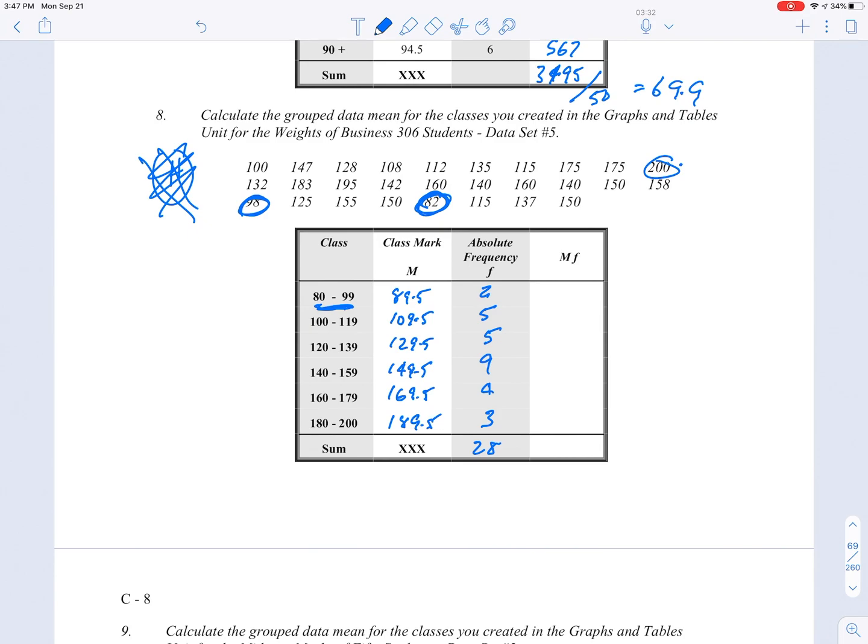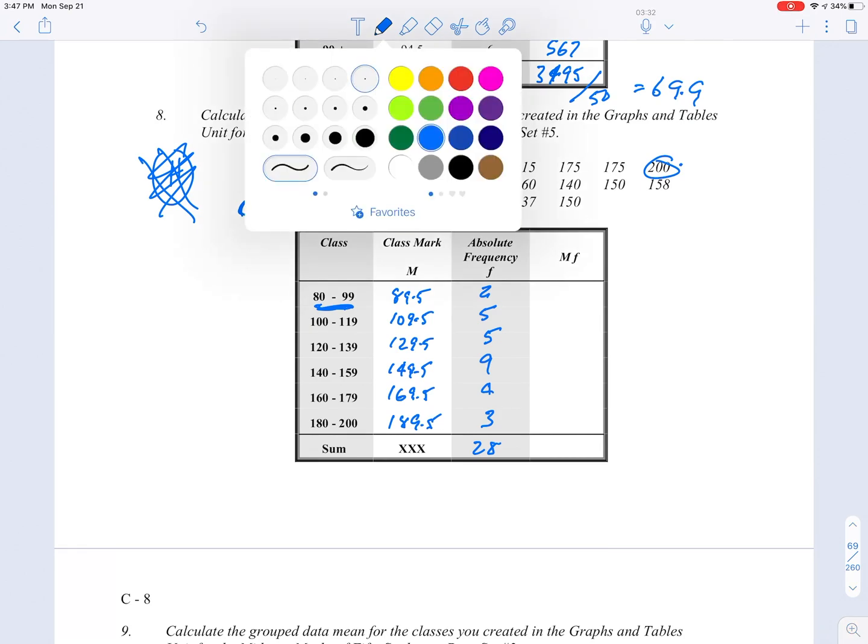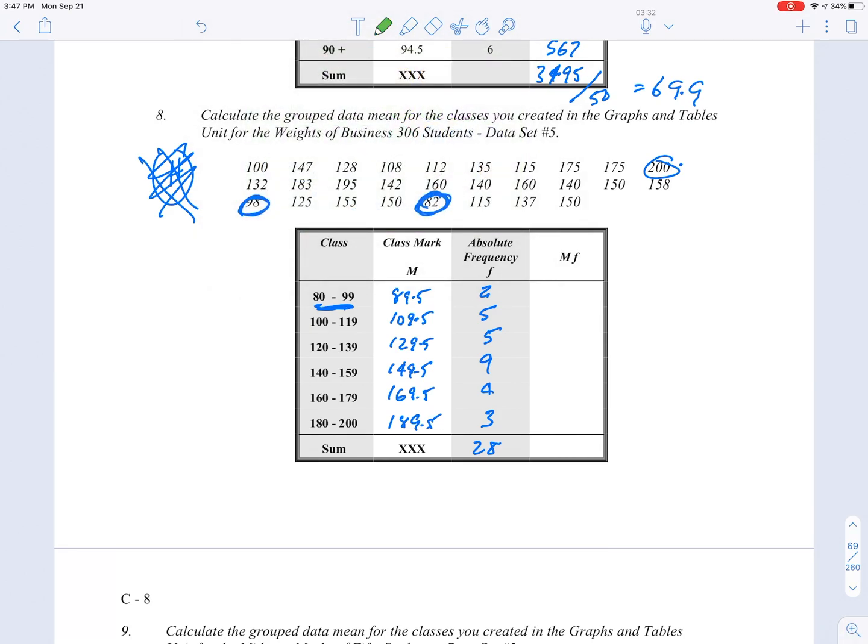Now what we do is we multiply. Let me change colors here. So 89.5 times 2, just going across each row, is going to give you 179.0.